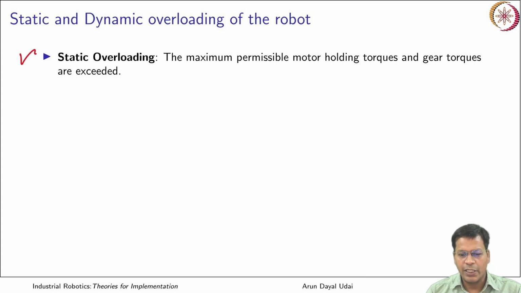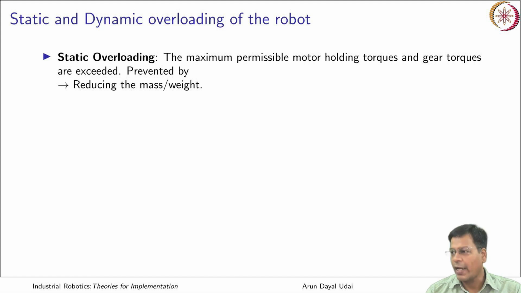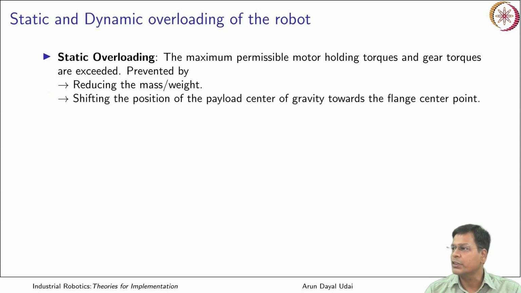So static overloading and dynamic overloading, what is it? Static overloading is when the maximum permissible motor holding torques and the gear torques get exceeded. This can be prevented by reducing the mass and thereby the weight of the load that is going to come, or shifting the position of the payload center of gravity towards the flange center point.